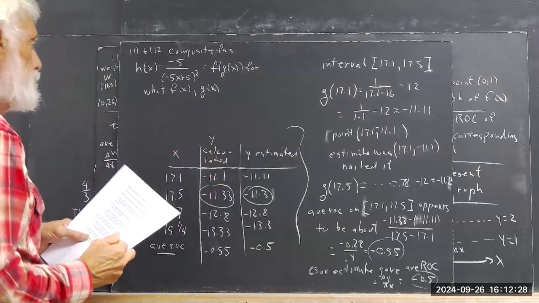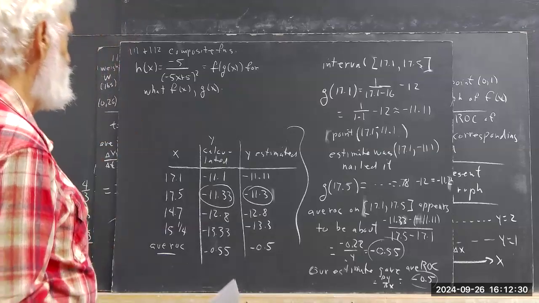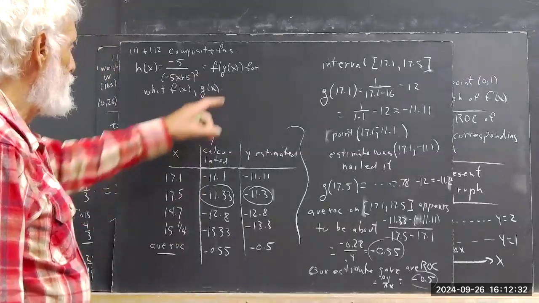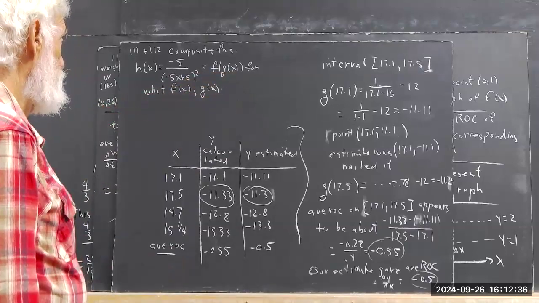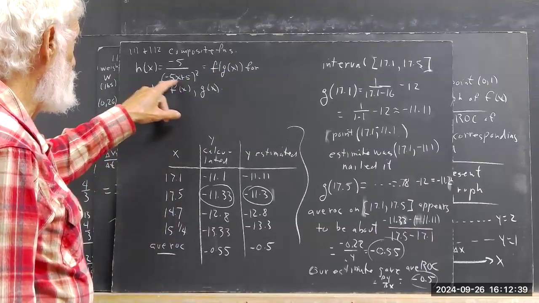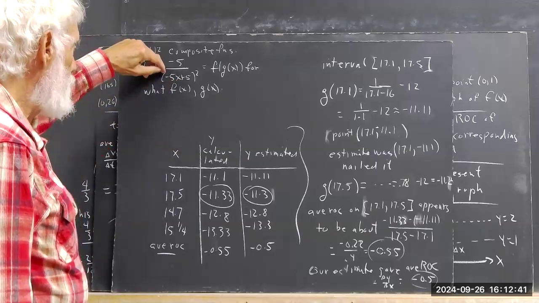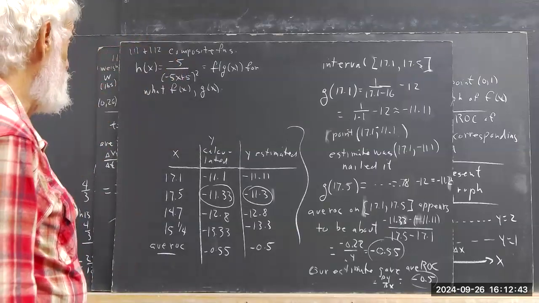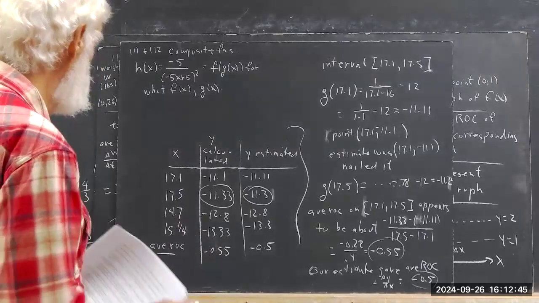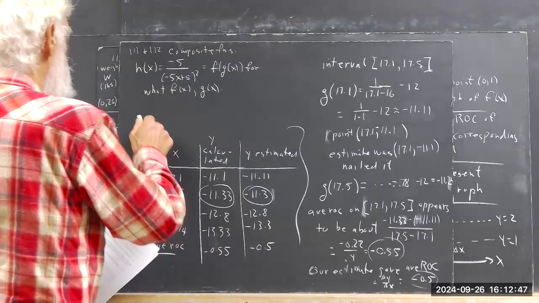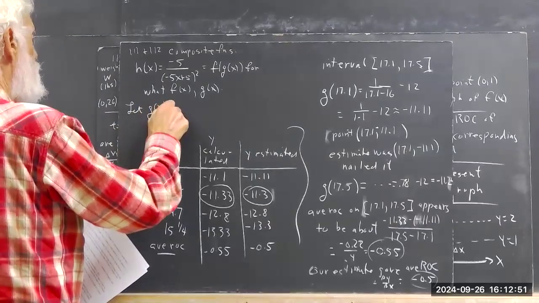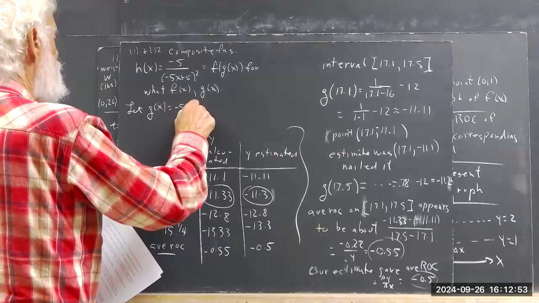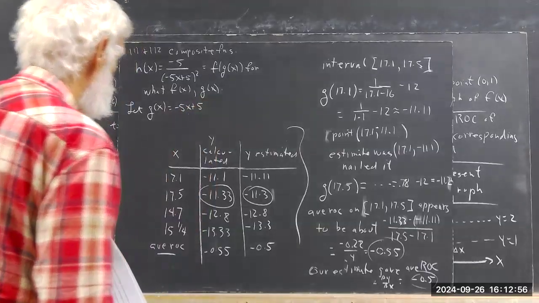So what two functions would you combine as composites? Well, the first thing that happens to x is g of x. The first thing that happens to x here is you do -5x plus 5, right? So we could immediately let g of x equal -5x plus 5.